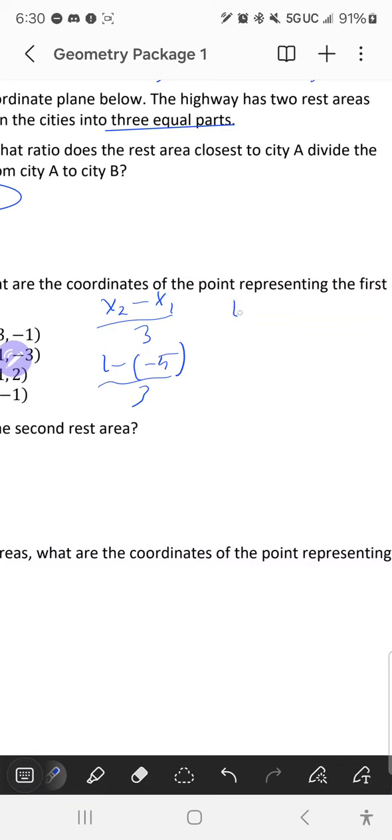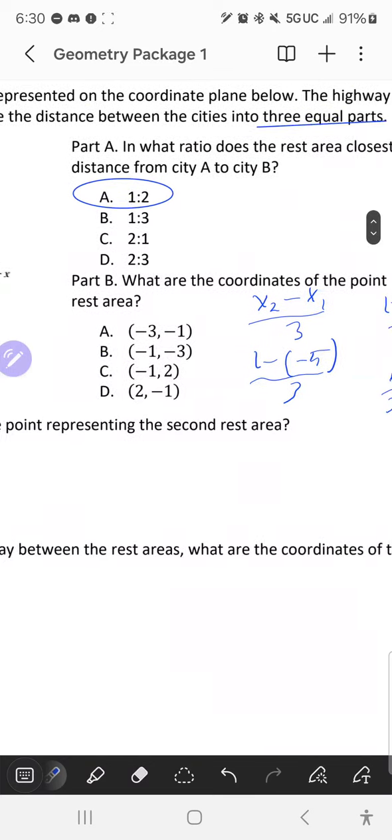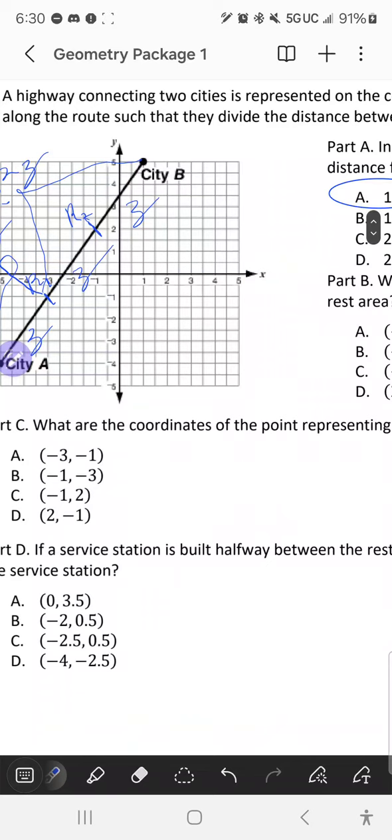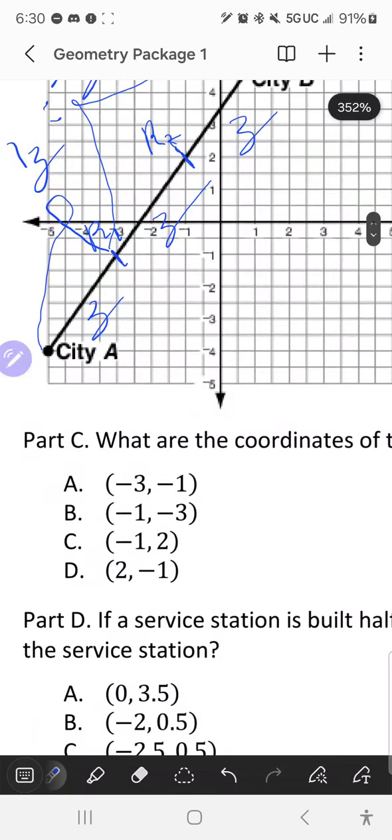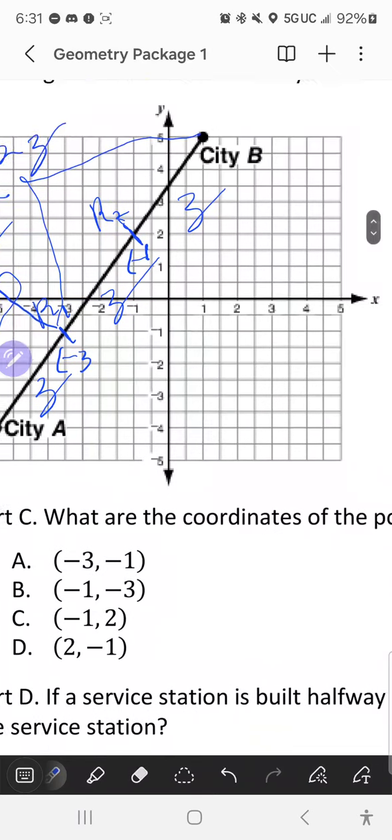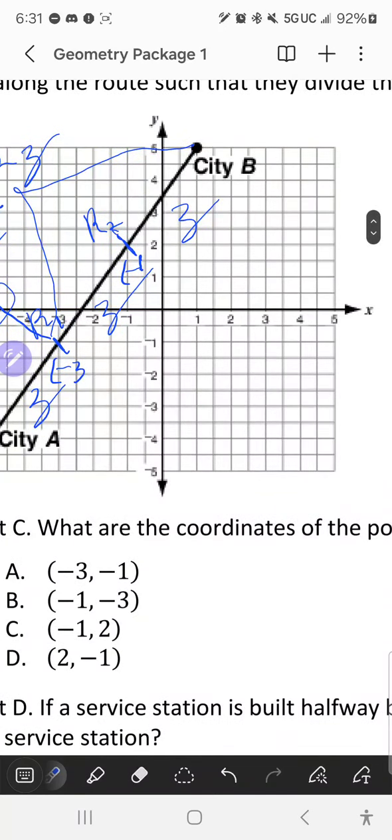Those negative signs convert to positive, so 1 plus 5 divided by 3, 6 divided by 3, is equal to 2. So our change in x is going to be 2. So this is going to be negative 5 plus 2, which is negative 3, and negative 3 plus 2 is negative 1, and plus 2 is going to be 1.